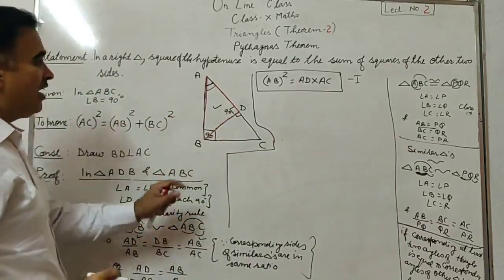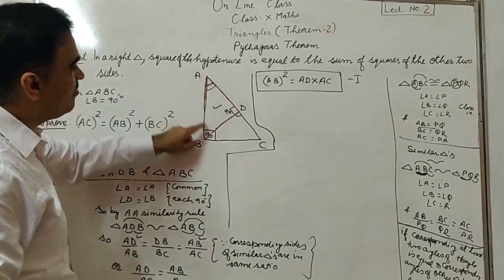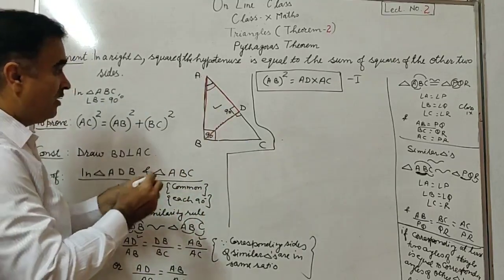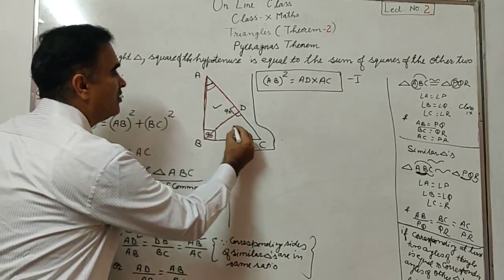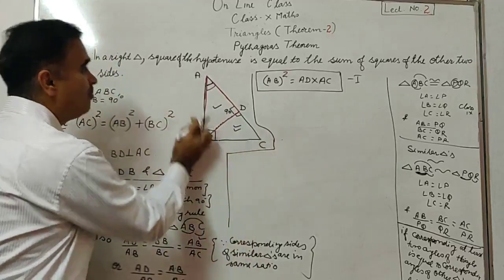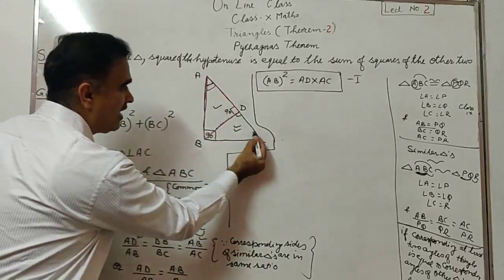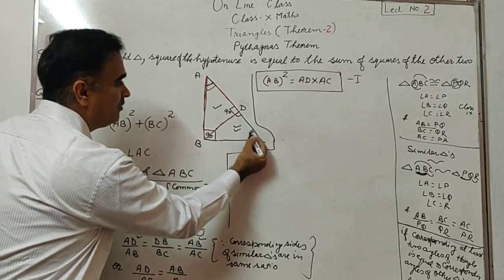Similarly, in the same way, we have taken this triangle and the complete triangle. Now you take this smaller triangle and this complete one. You will see this angle C is in both.